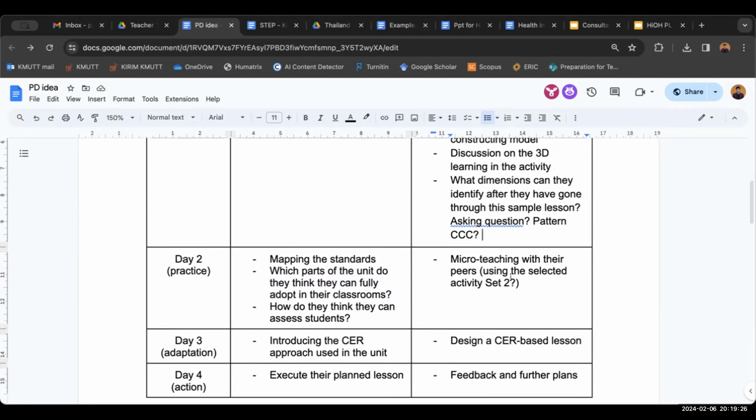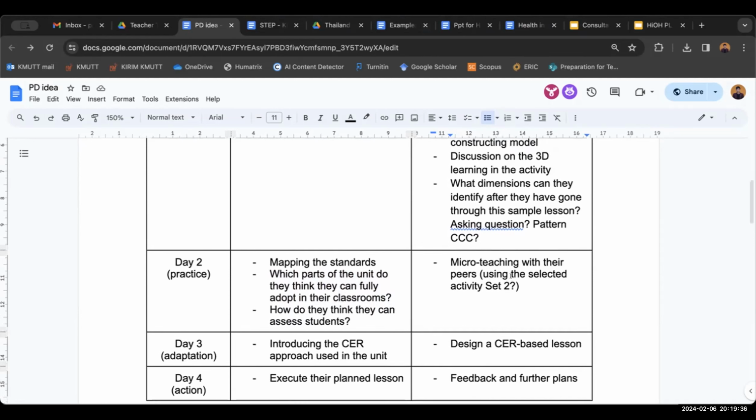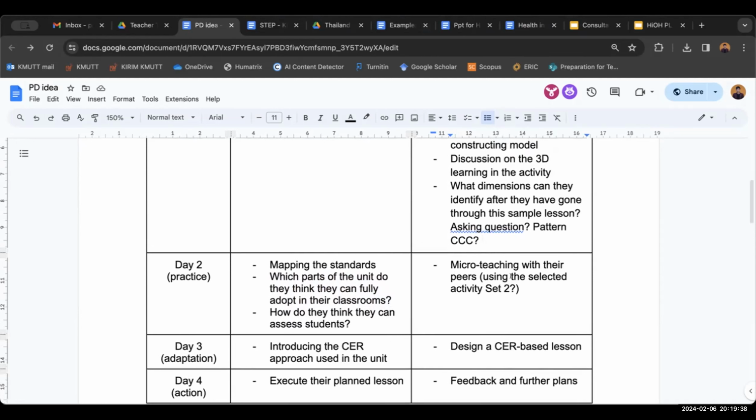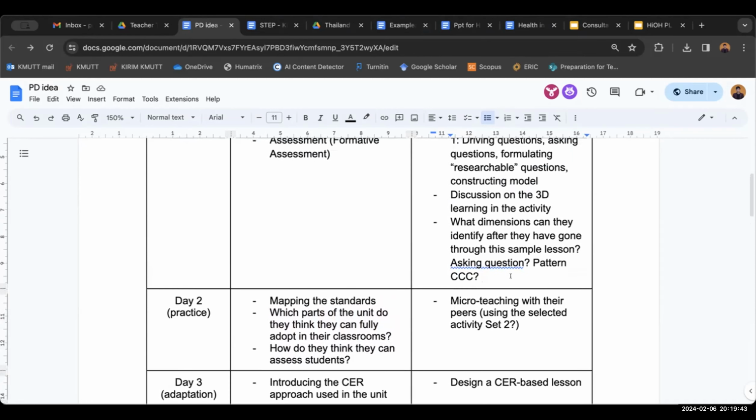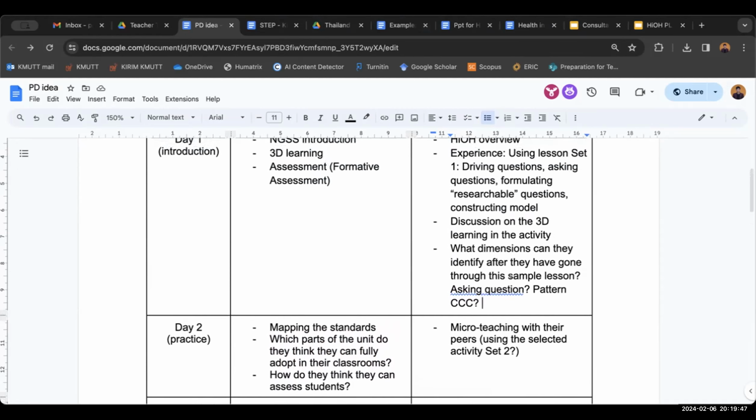I'm not sure, because I think sometimes it's difficult for pre-service teachers to understand the lab and then take a step back and think about how to ask questions with their students.